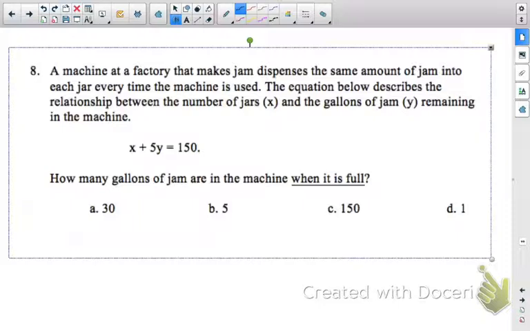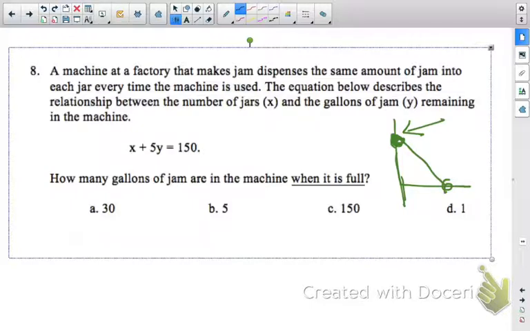Well, I'm a visual learner, so I always think about it starting somewhere and filling jars of jam. The amount of jam remaining in the machine is going to drop as it fills things. So this value right here would be the starting point, or in other words, the y-intercept.